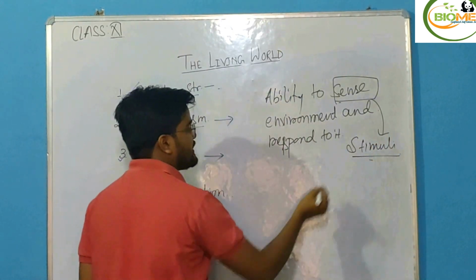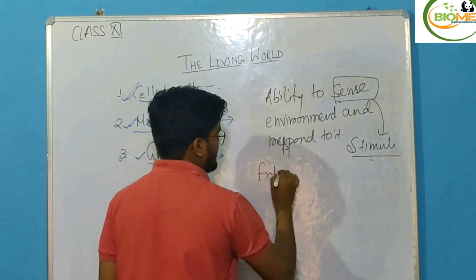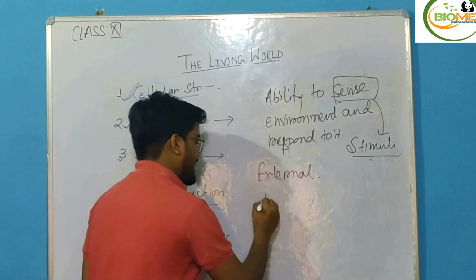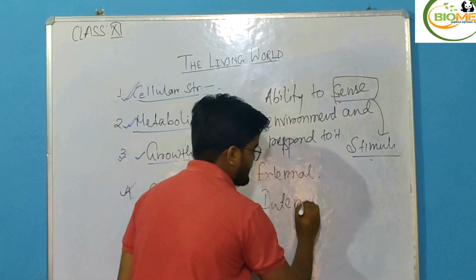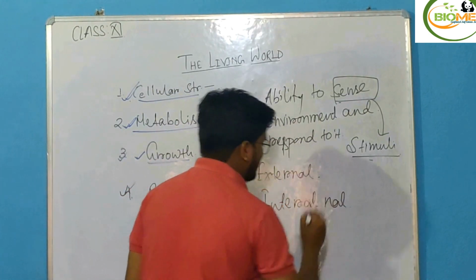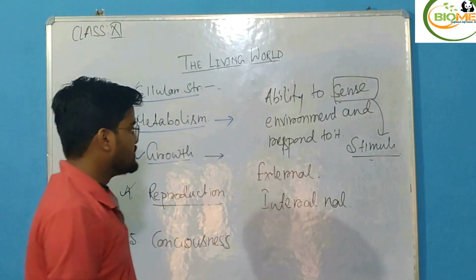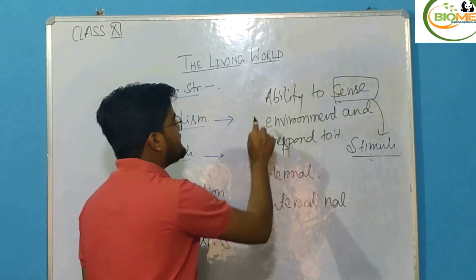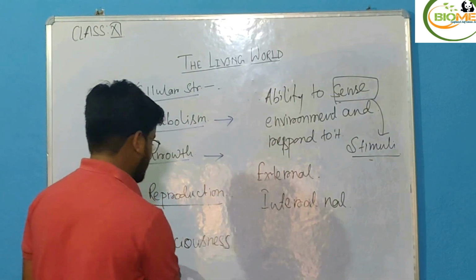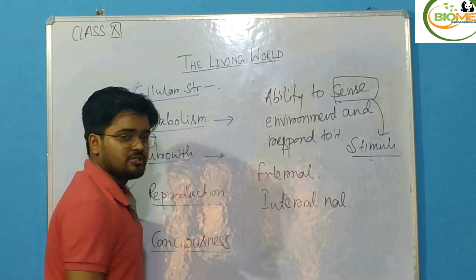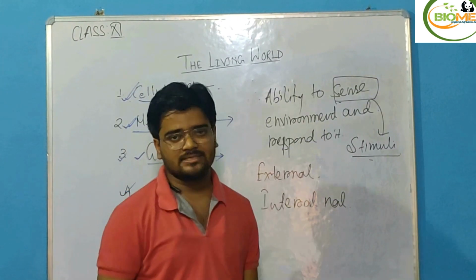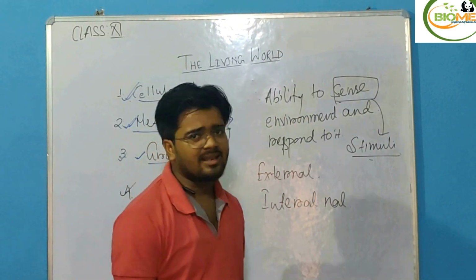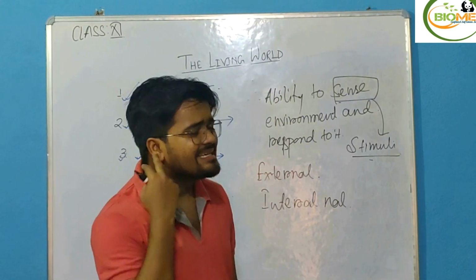What is sensed is called a stimulus. The stimuli can be external and internal. If we look at all living organisms, they have this character, consciousness. They can sense the environment because all living organisms have some sensory organs like nose, eyes, ears.